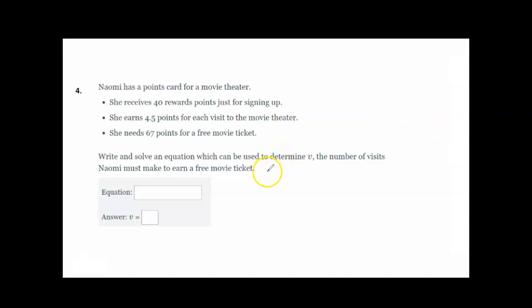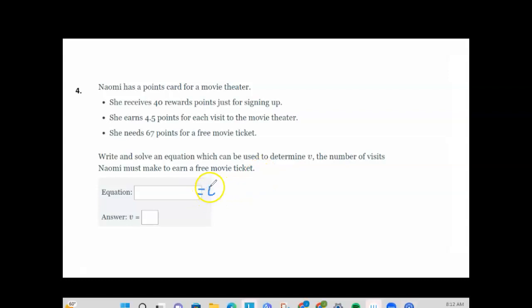So our equal to is the total, so equal to 67. She already starts with 40, so that's our start. And we're adding, every time she goes, she gets more, so we're adding 4.5 every time. And we're not going to use X this time, we're going to use V. So there's our equation, and then if we go over here to solve, 40 plus 4.5 V equals 67.